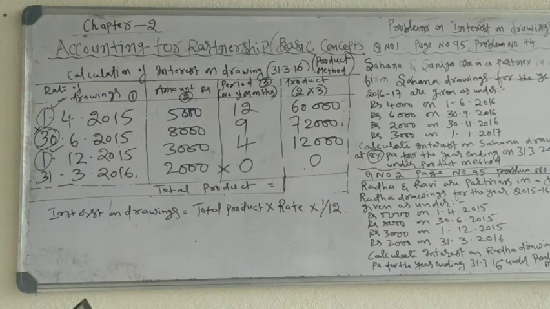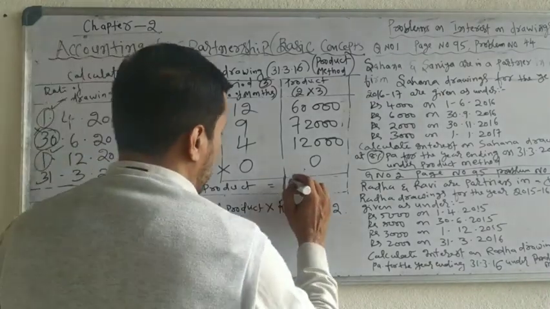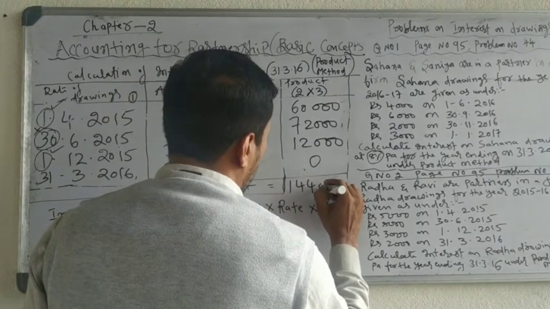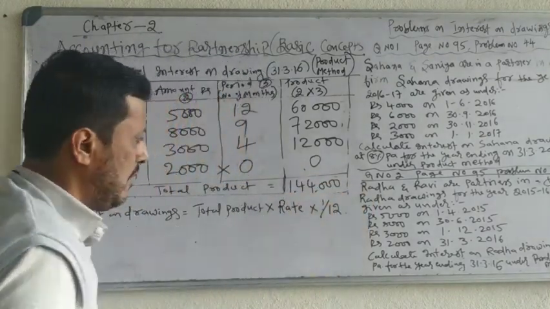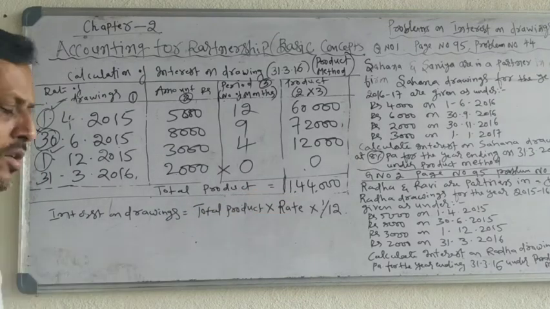Okay. Now 60,000 plus 72,000 plus 12,000 plus 0, that equals 1,44,000. Now you got the product, total product 1,44,000.